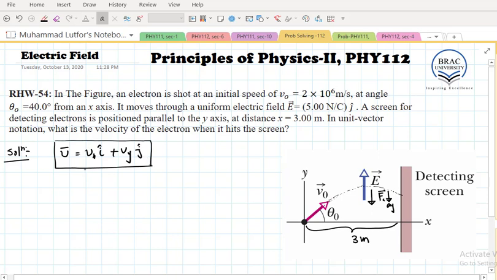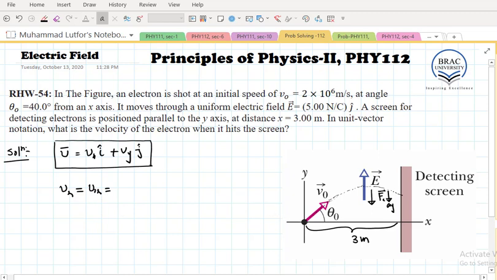Fine. We can find Vx. Since the electron has acceleration only in the downward direction, there will be no acceleration in the horizontal direction. It means that along the horizontal direction, it will move at a constant velocity. So we can say that Vx will be V naught x.